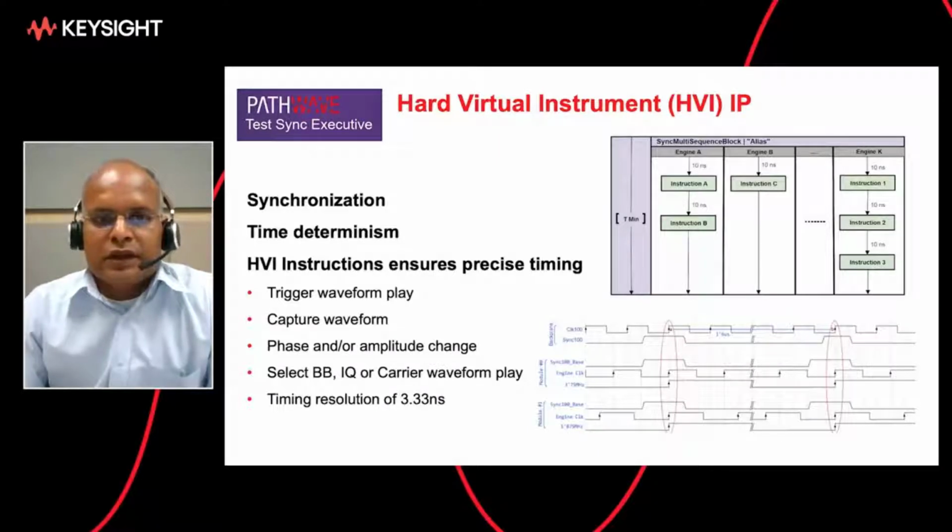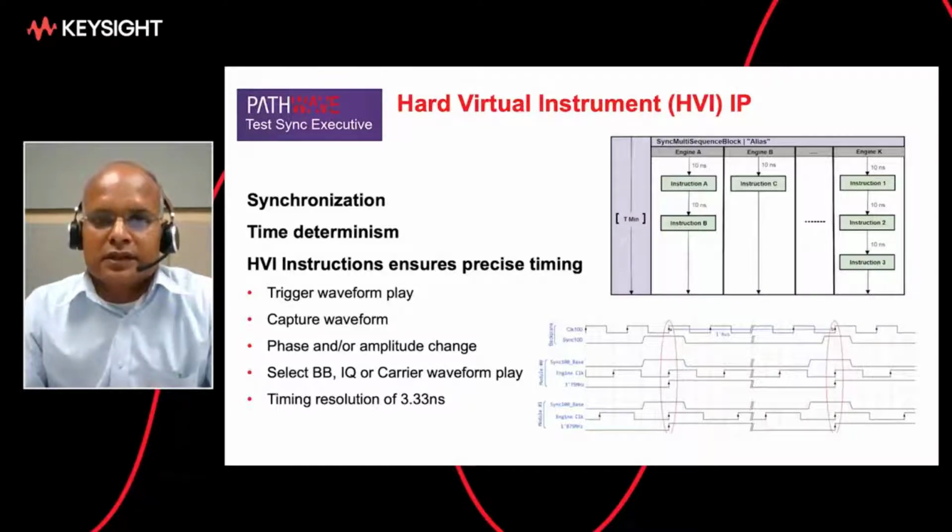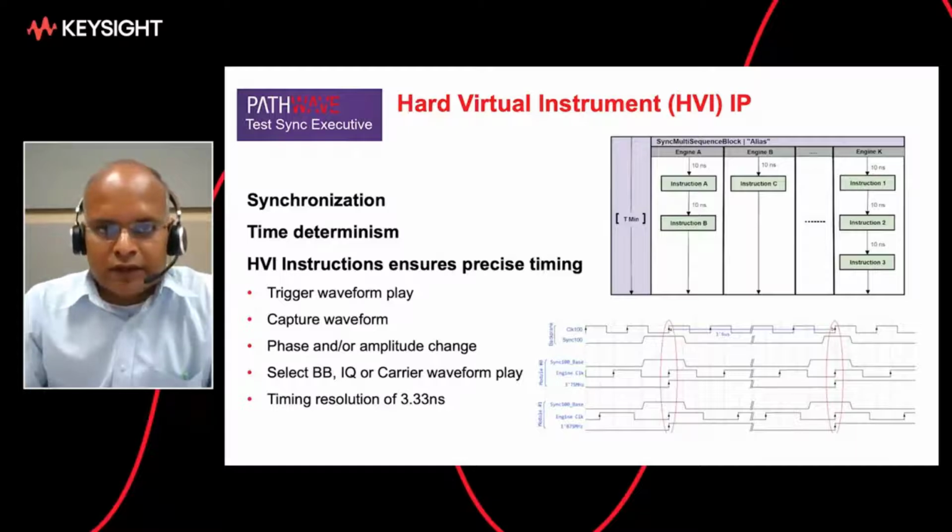HVI IP uses the synchronization signals from the PXI backplane and aligns all the modules so that all the modules in a chassis or in multiple chassis act as a single coherent system. And this also sets the time zero of the system once everything is synchronized.